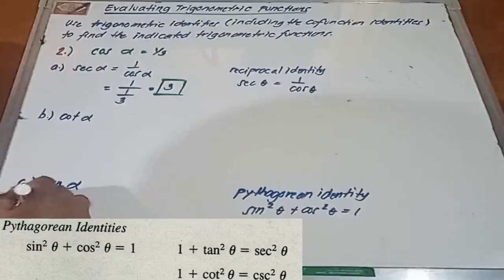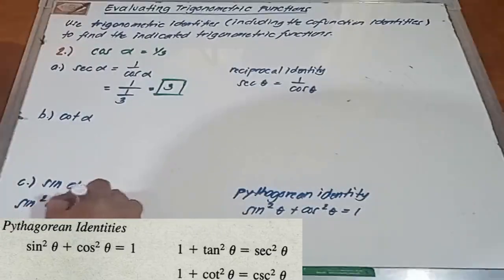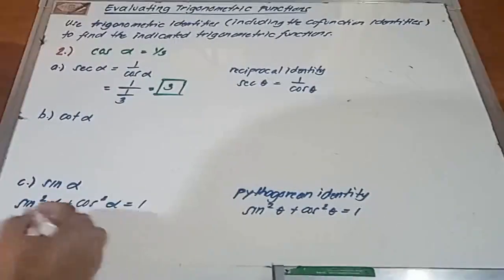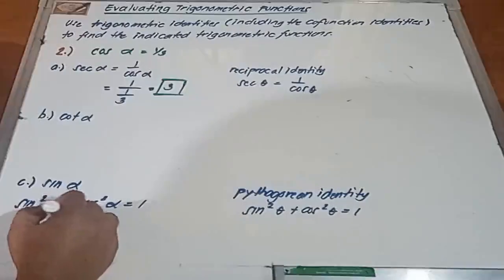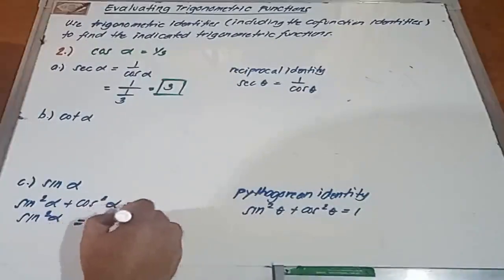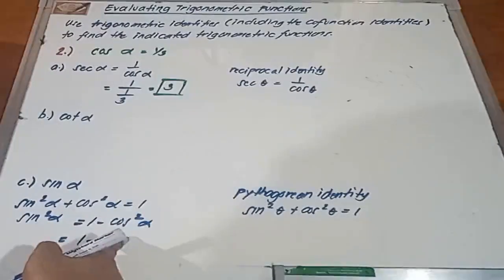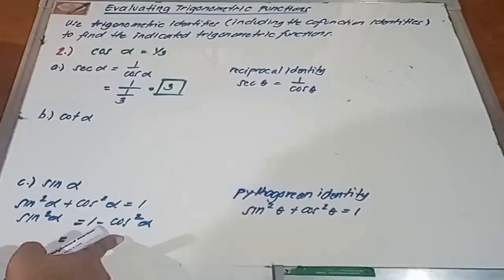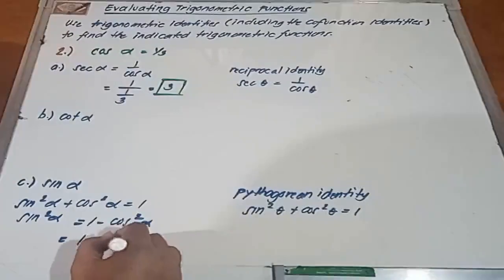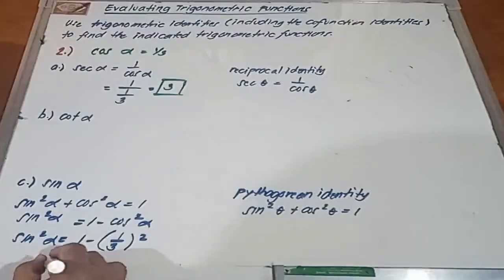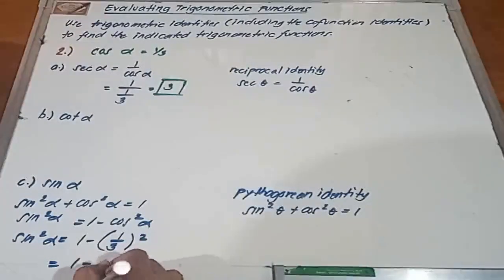Therefore, we have sine squared alpha plus cosine squared alpha is equal to 1. What we need is sine squared alpha. So, transpose natin si cosine squared. So, this is 1 minus cosine squared alpha. Then, we substitute cosine alpha is 1/3. So, 1/3 squared. Then, we have sine squared alpha equal to 1 minus 1 over 9.